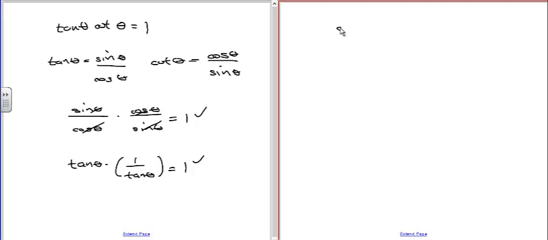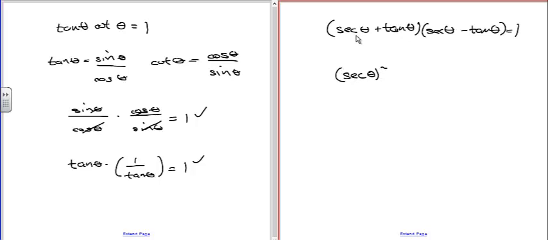Let's do this one. Secant of theta plus tangent of theta times secant of theta minus tangent of theta equals 1. So what you do is you use FOIL, and you would get secant of theta squared.